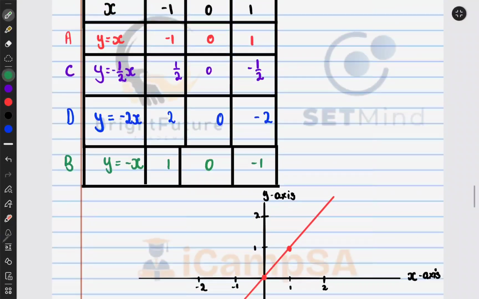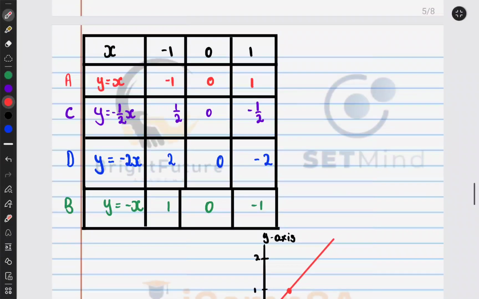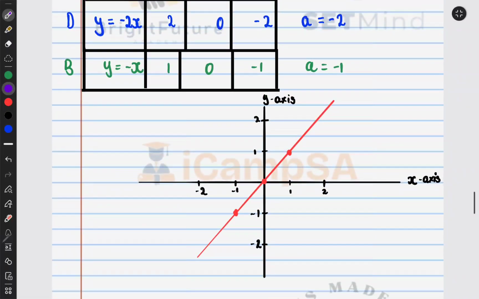Here the value of a, the coefficient of x, is equal to 1 on that function. And here the value of a is equal to negative 1. So we have a negative value of a. Likewise, on function number d, a is equal to negative 2. Function number c, excuse me, a is equal to negative 1 over 2.